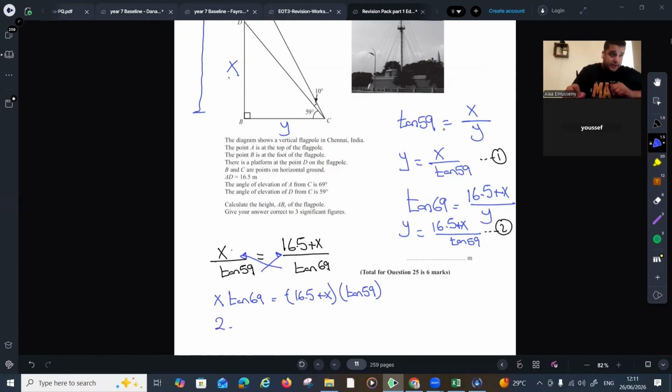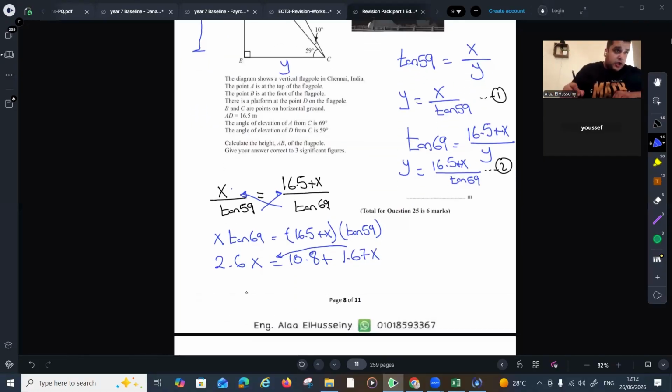So 2.6x equals, what's 16.5 times tan 59? That's 10.8. So 10.8 plus tan 59 times x, which is 1.67. So 1.67x. I'm going to move this to the other side.